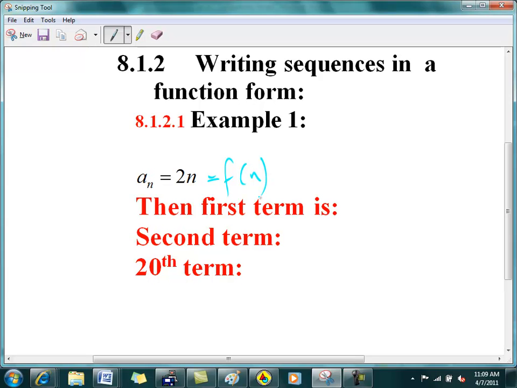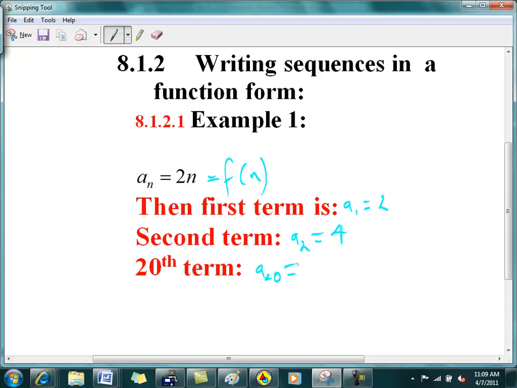It's an explicit function of n. So for the first term, n is 1, so a sub 1 is equal to 2. Jafar, the second one would be a sub 2, and what would that be? 4.